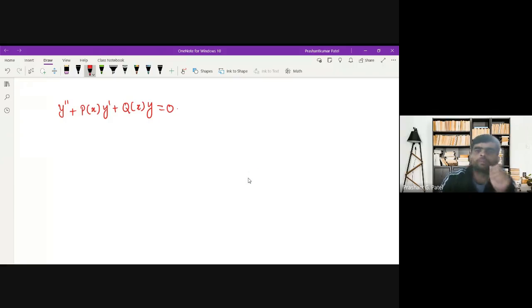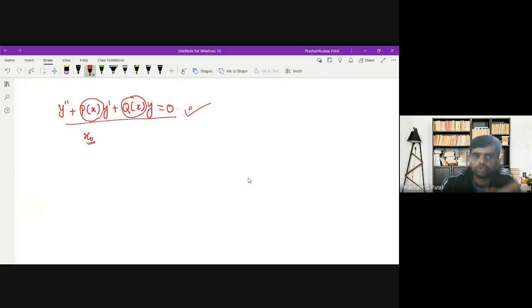So in the previous lecture we talked about this: if the second order linear differential equation of this type, where x0 is an ordinary point, that means p of x and q of x are analytic functions in the neighborhood of x0, then this differential equation has a unique solution.